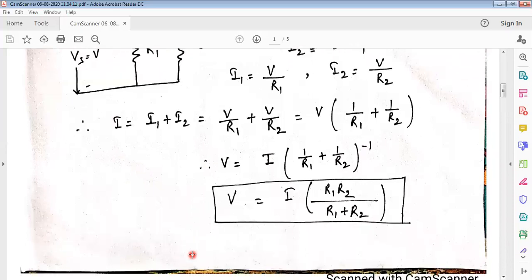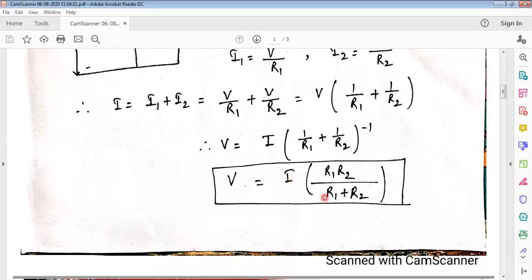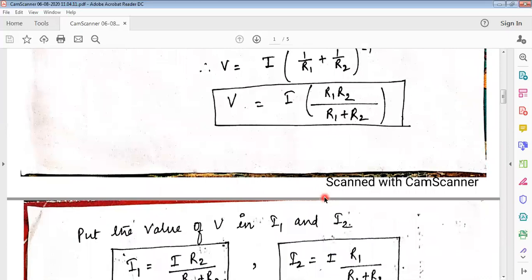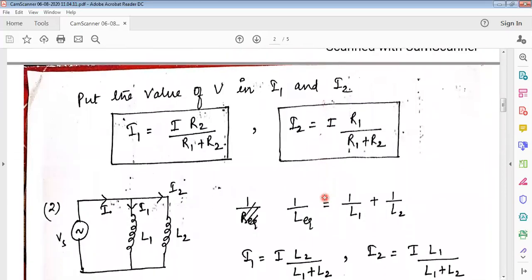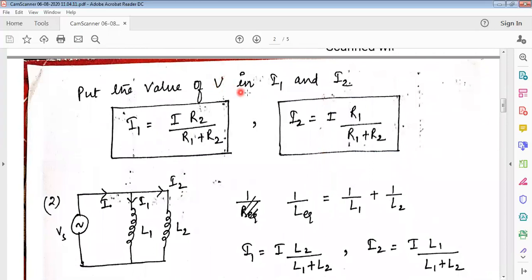Total voltage equals total current multiplied by total resistance. Now you have the value of V. Now put the value of V in I1 and I2. When you put the value of V in I1 and I2, you will get I1 equal to I times R2 divided by R1 plus R2, and I2 will be I times R1 divided by R1 plus R2.